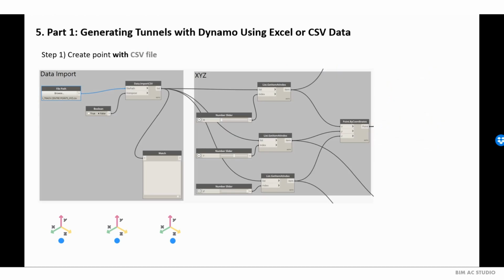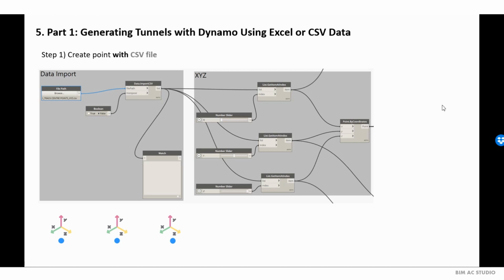So this slide is especially for if you are using a CSV file, CSV data, in Dynamo. For the CSV user, you need to use the data.import CSV node. Alright, after you import the CSV file, you also need to specify which information is for the X coordinate, which is for the Y coordinate, and which is for the Z coordinate by using the list.getItem at index node.